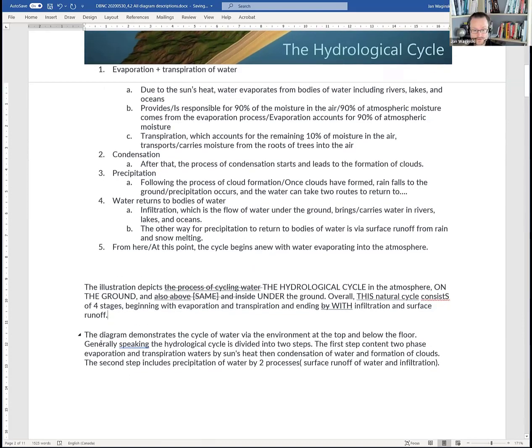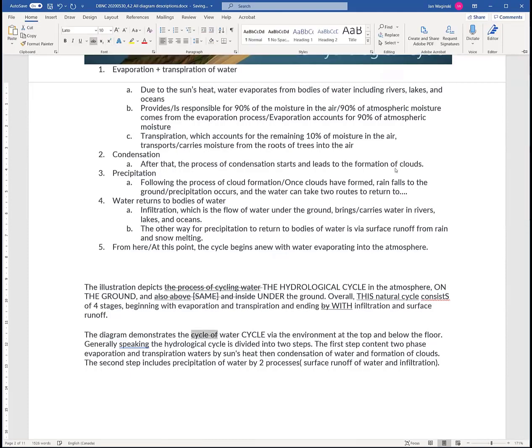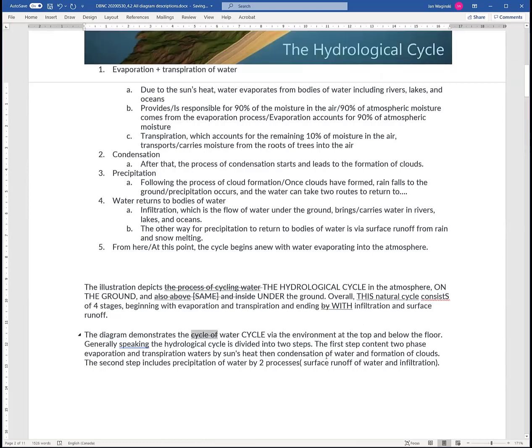Next one is Safas. The diagram demonstrates the cycle of water. We're going to call it the water cycle. Demonstrates the water cycle via the environment at the top and below the floor. The ground, I mean.